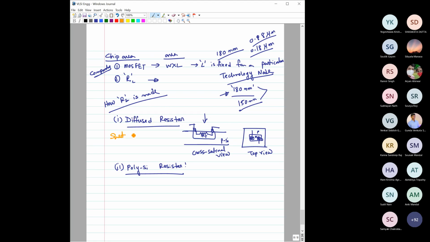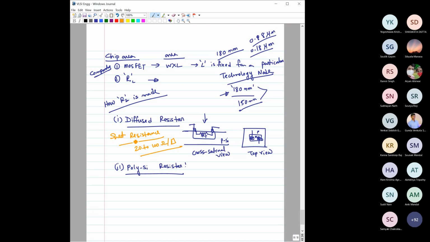Sheet resistance can vary from 20 to 100 ohm per square. This sheet resistance might be a new term for you. Give me some time, I will explain what sheet resistance means. It is a term that you are going to find in many places in the semiconductor industry.